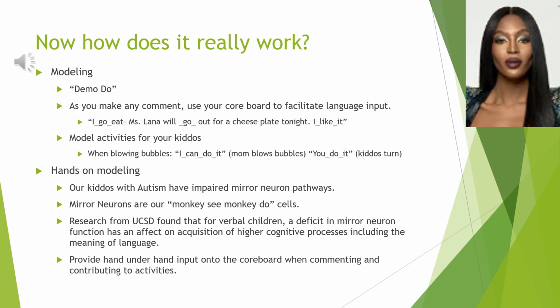Demo, do. Demo, you, the neurotypical person, accessing their alternative communication, be it on the device, on a laminated sheet, with text, okay? We have to demo anything we want our kiddos to do, okay?